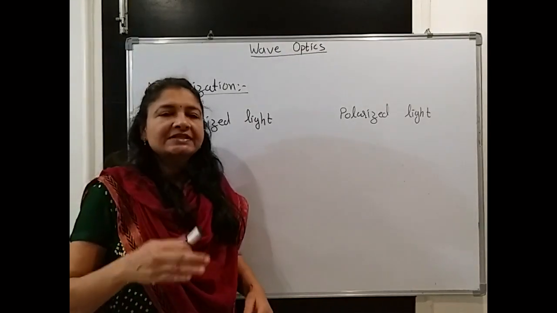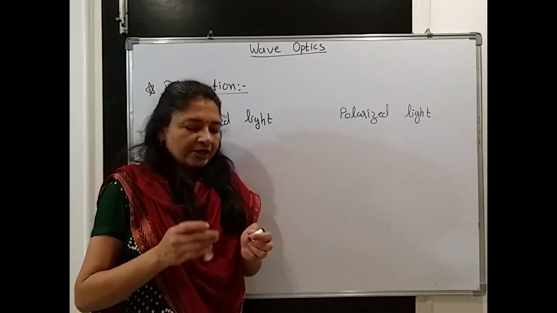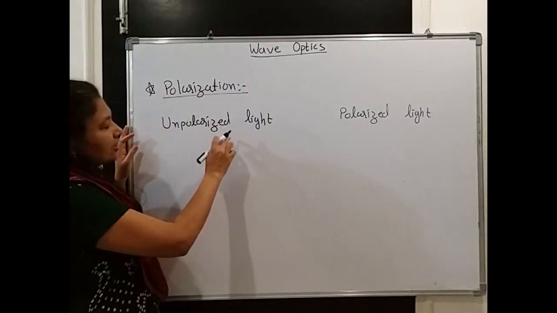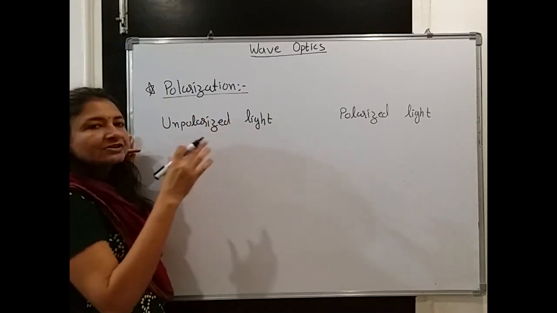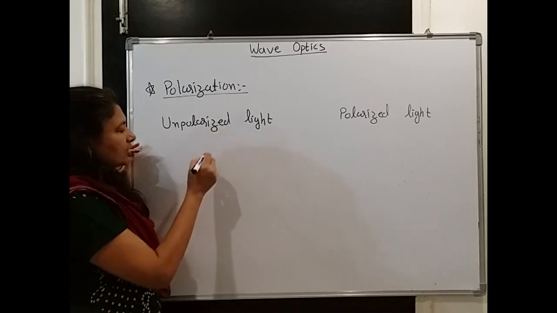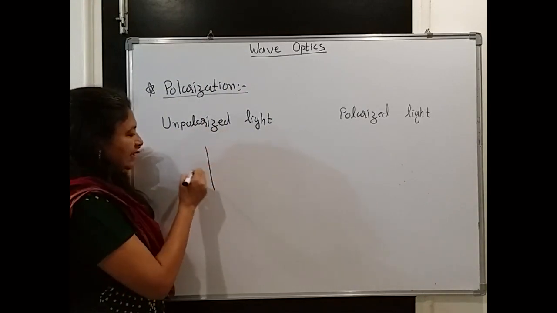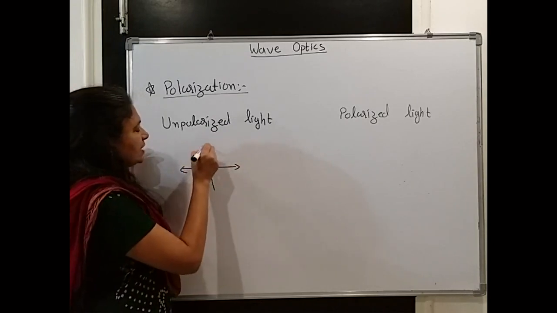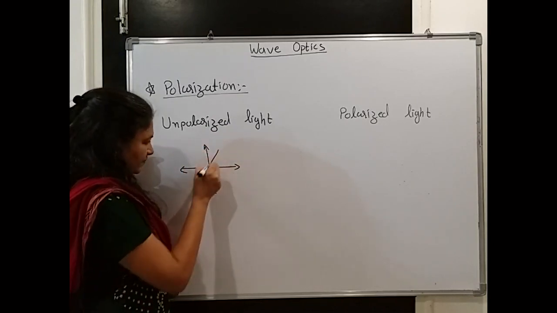That means it consists of electric field vectors and magnetic field vectors. Now in unpolarized light, in case of visible light, we have only E vectors. In case of unpolarized light, these E vectors are uniformly distributed in all the directions.